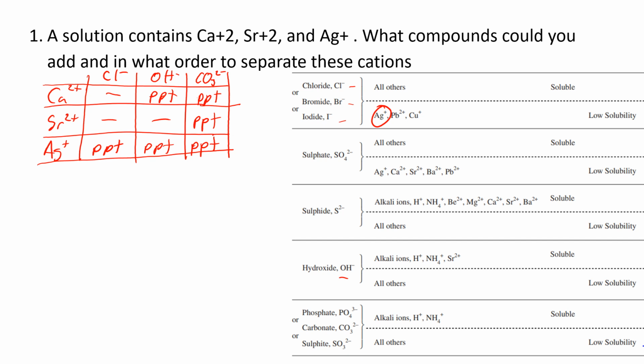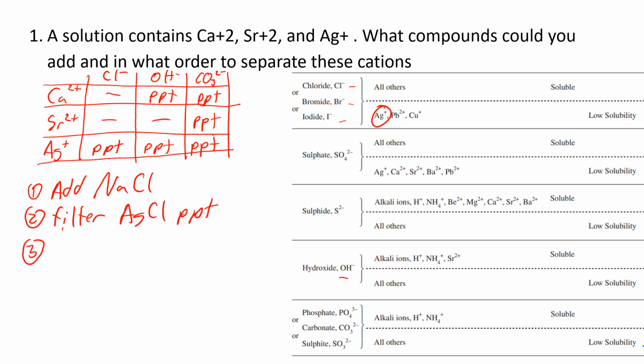So my first thing is step 1, add the spectator ion attached to the chloride, and that forms a precipitate of AgCl. Step 2, filter the AgCl precipitate. Actually, I should probably just write it like this to save myself room.